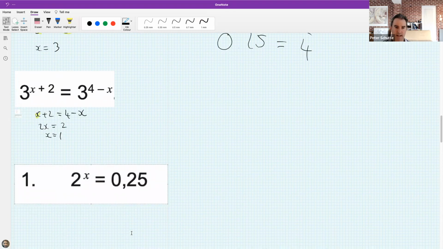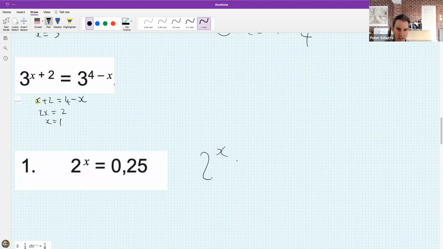So if we write 2 to the x as 1/4, and Yenzi has said make the bases the same. Well, I was thinking that I could write 4 as 1/2 squared.